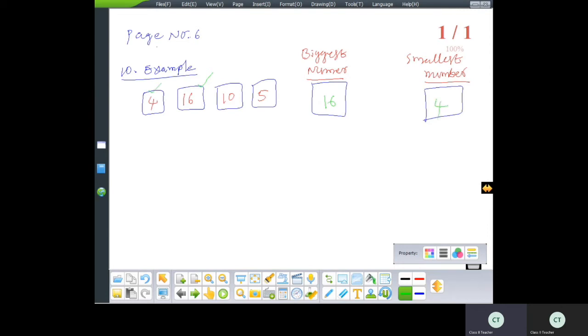So this is the example from the textbook, page number 6. Now we will solve the remaining 3 problems. 1, 2, 3.